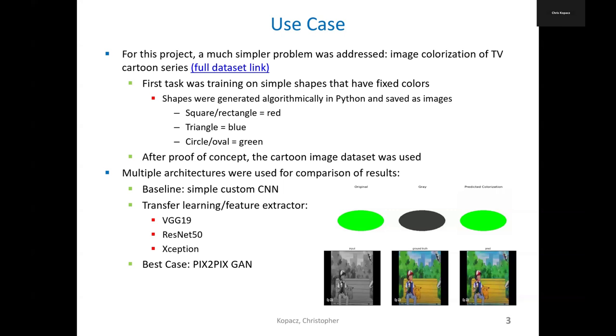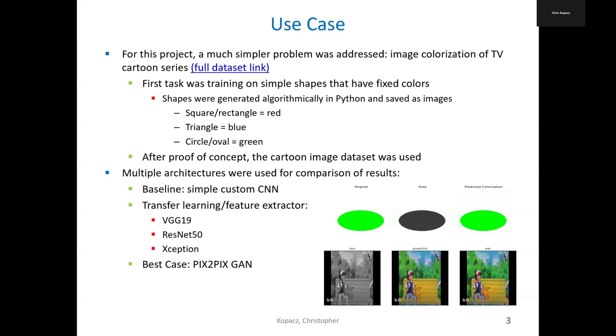As for the other four models, I had a baseline, which was the simplest, most straightforward implementation of a convolutional autoencoder. Nothing fancy about it. It just takes in images and tries to predict the colors in the simplest way possible.